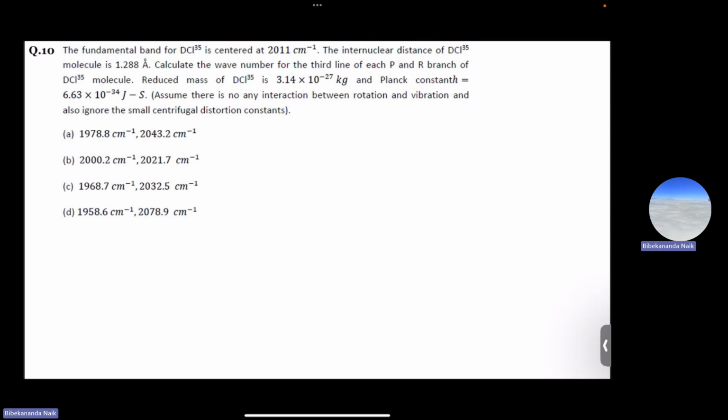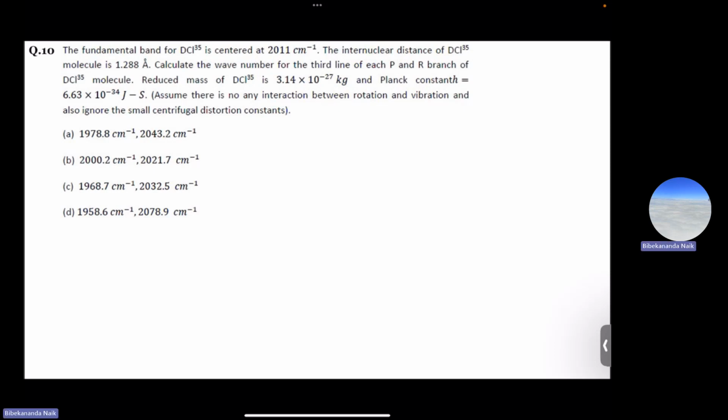We will only talk about pure vibrational spectra, so there is no rotational-vibrational interaction. We will simply use the formula, since the fundamental band, the internuclear distance and the reduced mass are given.